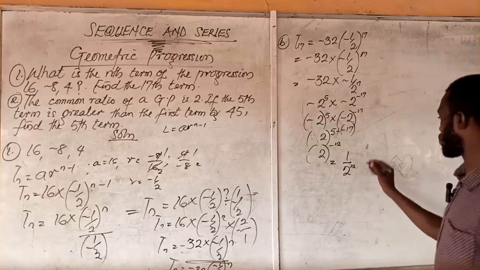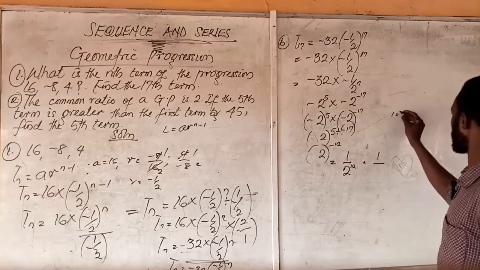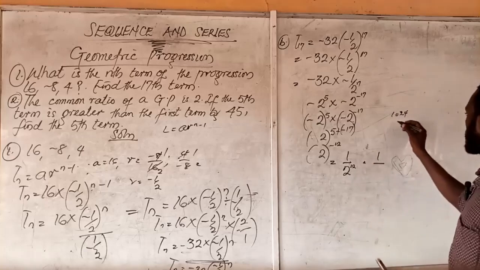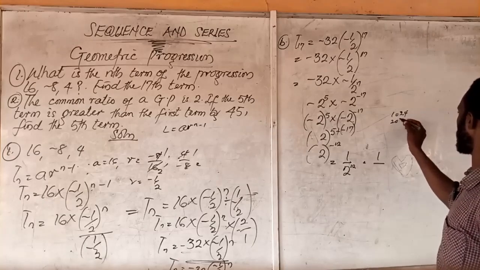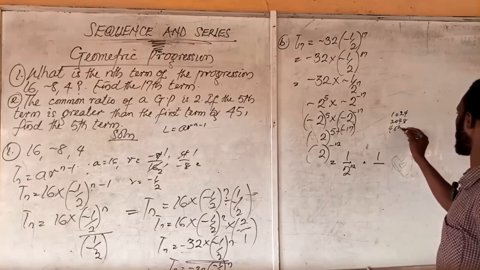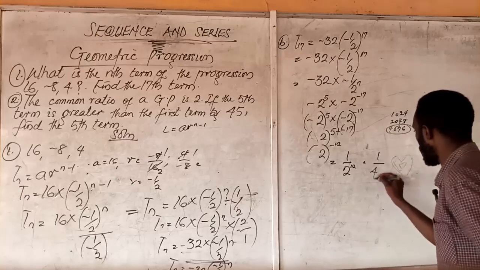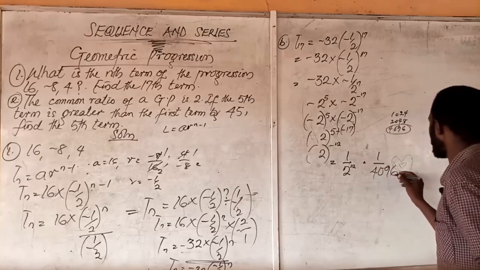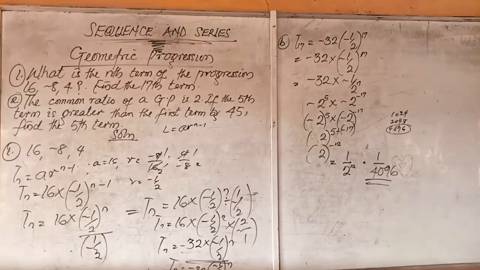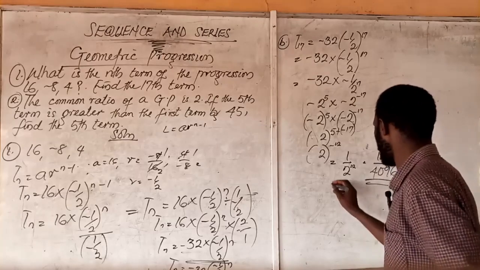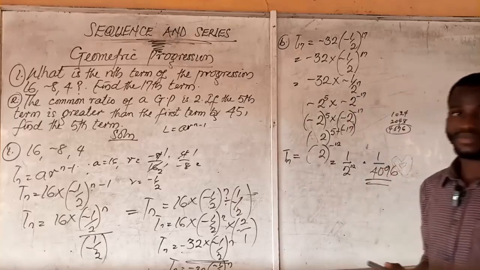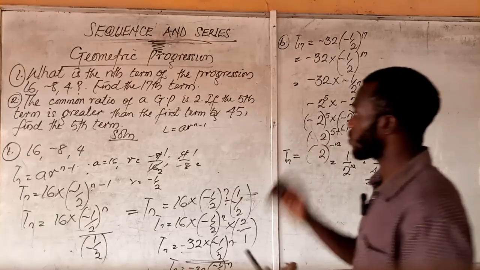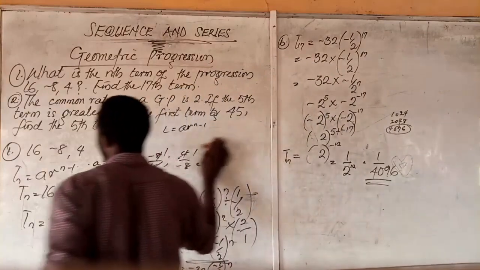If you want to solve for that, 2 raised to the power 10 is 1024, then 2048 and 4096. So the answer is going to be 1 over 4096. That is the answer for T17. So T17 is equal to this. Alright, now let's solve the other question.